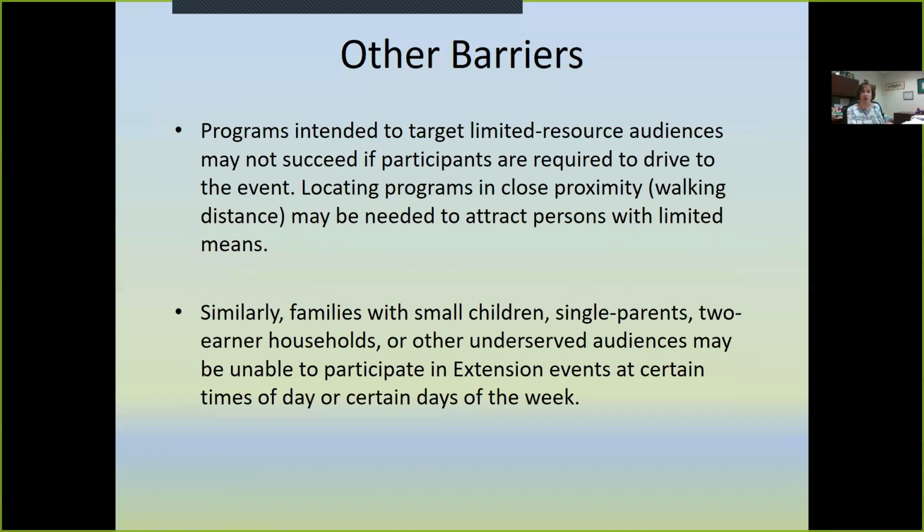That's where our teens come in very handy, where we can maybe do a little bit of childcare for them. Or if we're having a program from 6 to 8 for some of these audiences, we might want to provide dinner because they probably haven't had time to go home. I know I typically don't have time to go home, get dinner, and get to a program by 6.